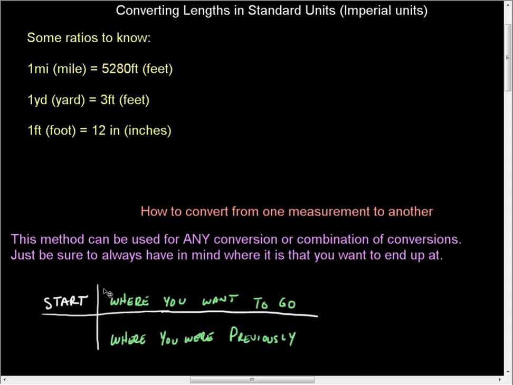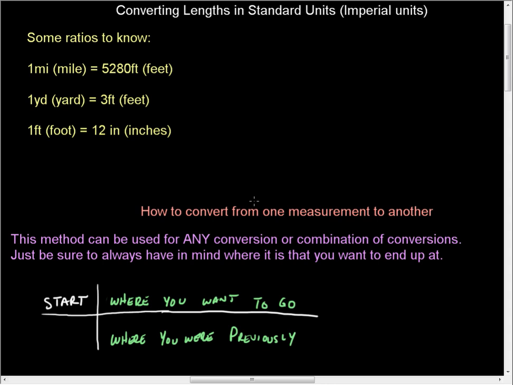And every time you do a conversion in one of these little daisy chains, you'll ask yourself this question again and again: on the bottom goes where you were before. I'll give you several examples of this, just so you won't run into this and say, "Whoa, what are you talking about?"